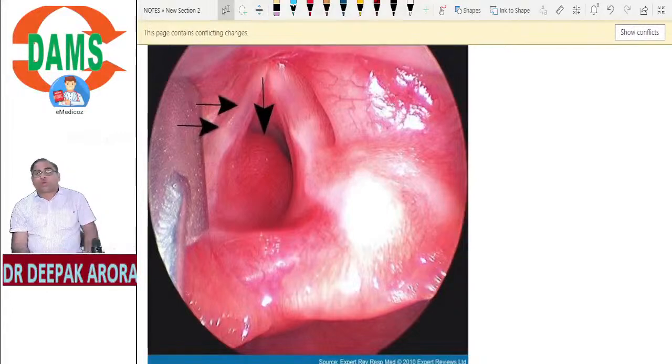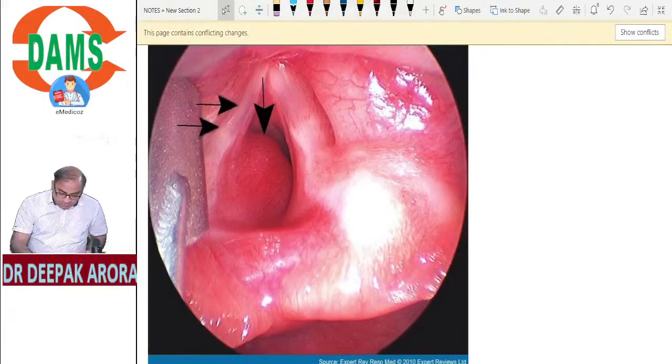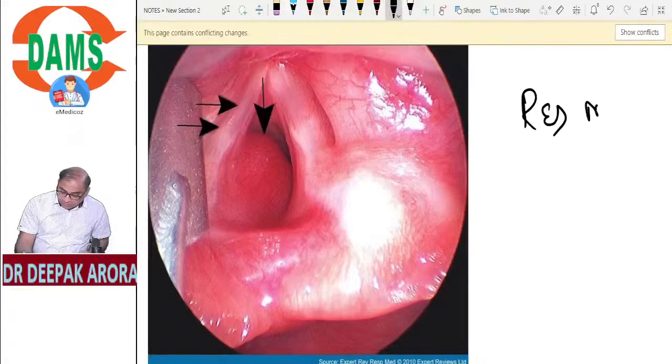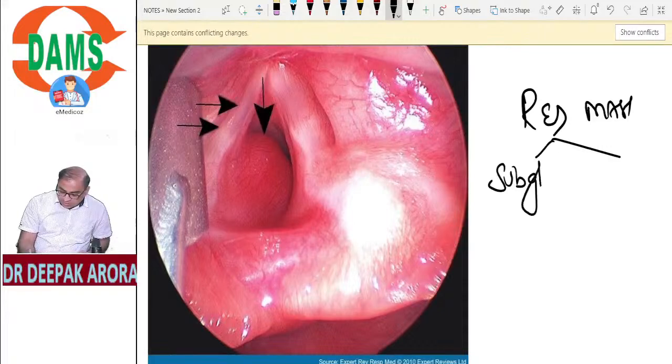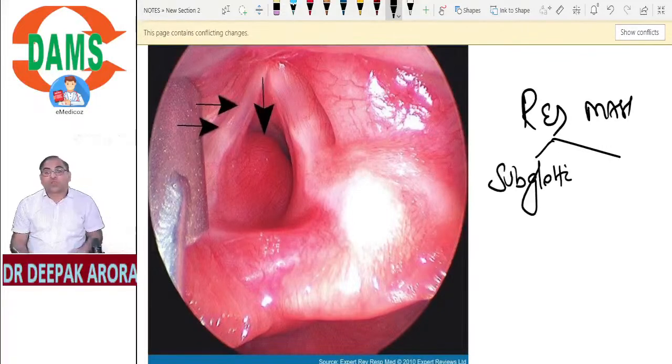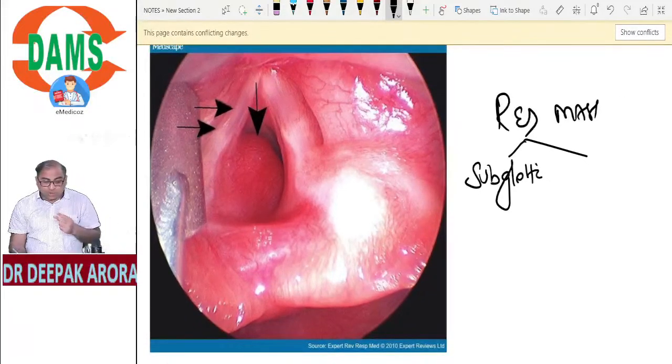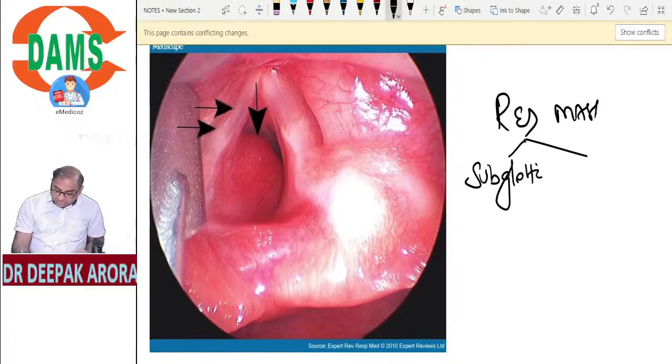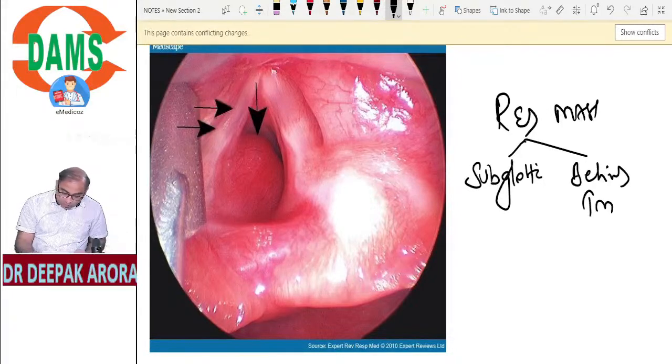What I am showing you is a very important concept. Everybody should write with me. Reddish mass in the subglottic area. In ENT, if you're going for the NEET examination, there are two important differential diagnoses: a red mass in the subglottic area, or a red mass behind the tympanic membrane. What is A, what is B?